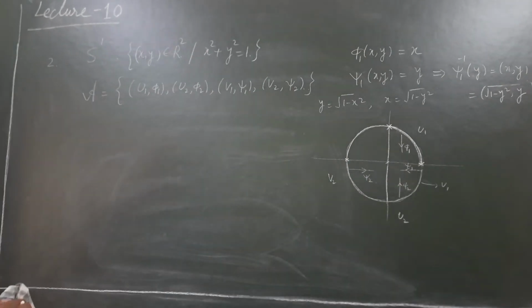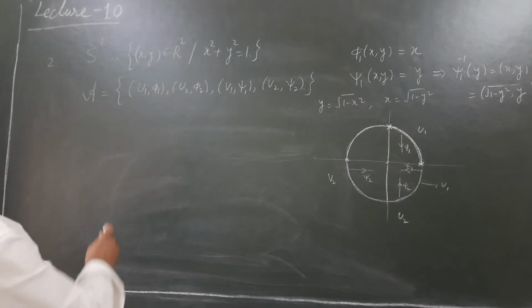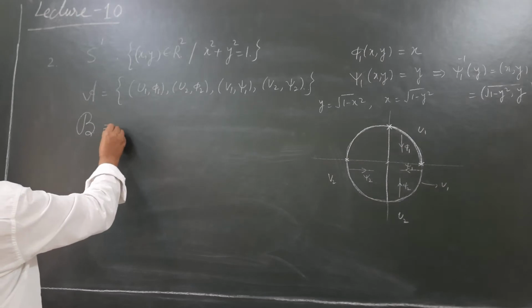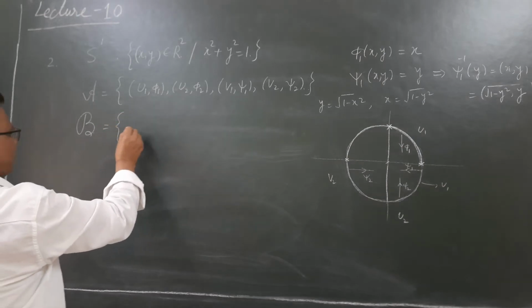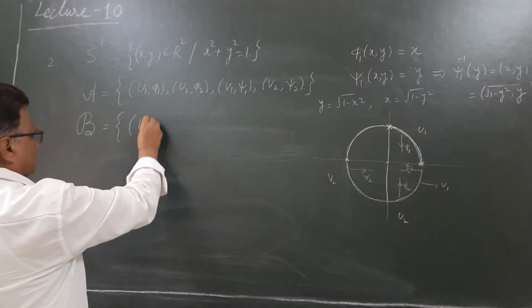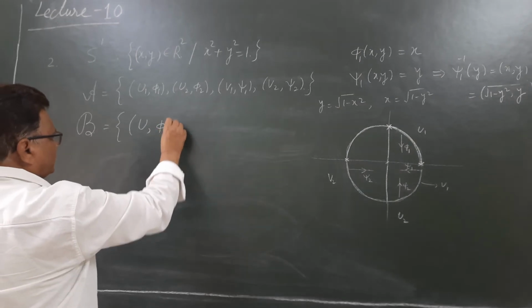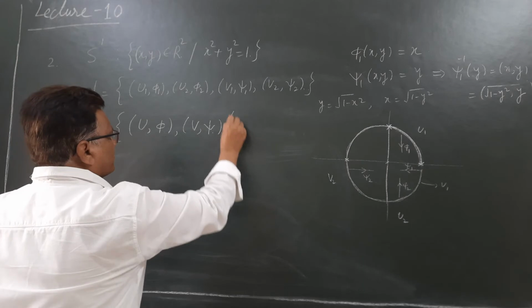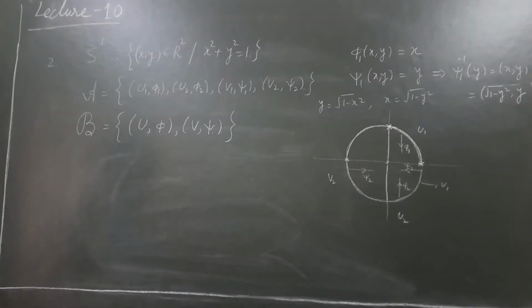All right, there was another atlas B on the circle, and that was defined through a stereographic projection. So there were two charts, (U, phi) and (V, psi). How did we define them?